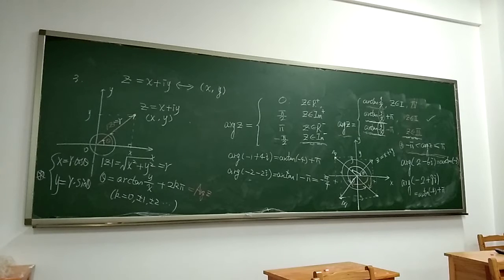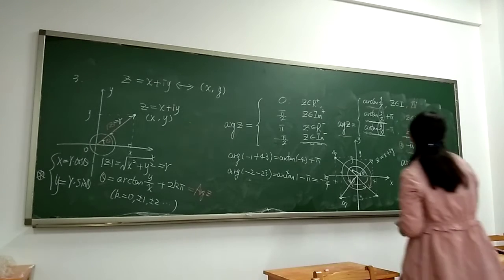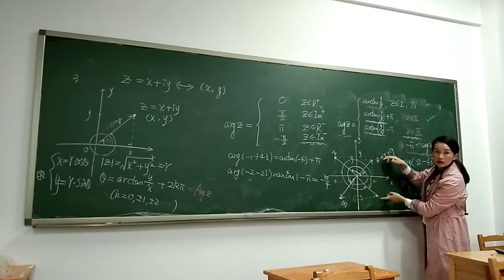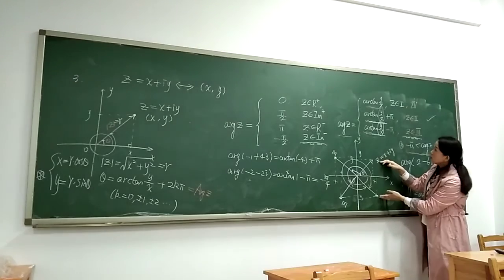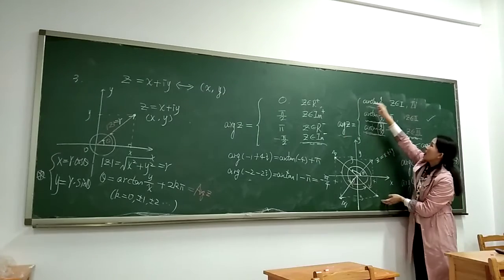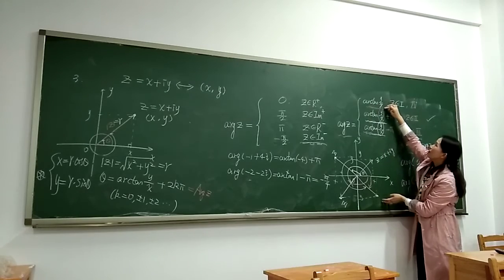So when you choose what? -3 plus pi? No, because I have told you, if z belongs to the first and the fourth one, these two, if you want to compute this one, you only write arctangent y above x.